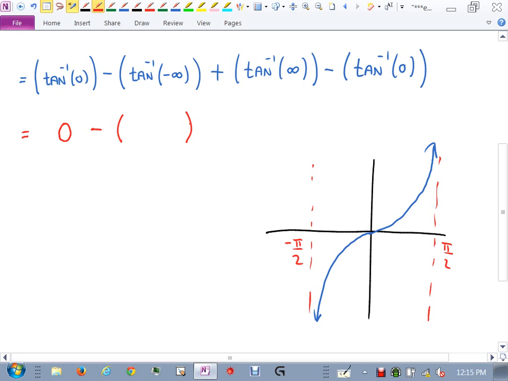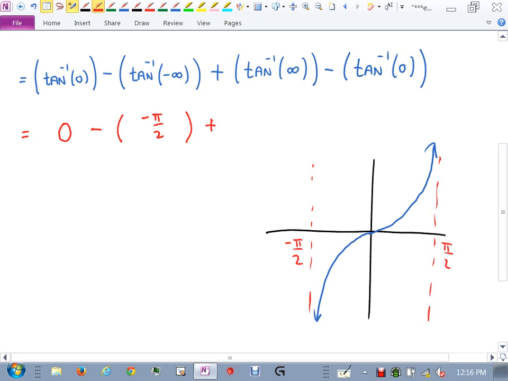See, the idea is, I can't plug negative infinity in. But what do I plug in to get closer and closer to negative infinity? Well, I have to plug in something that's getting closer and closer to negative pi over 2. Okay. So negative pi over 2 here.